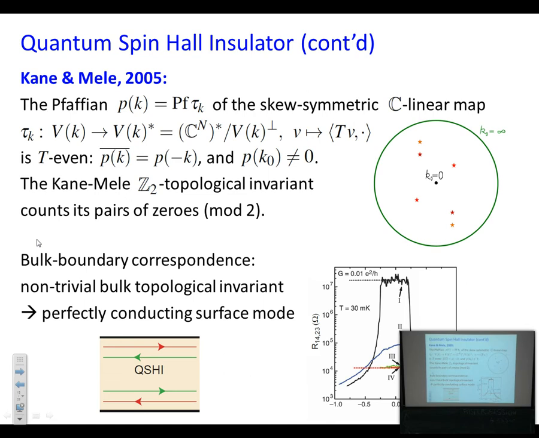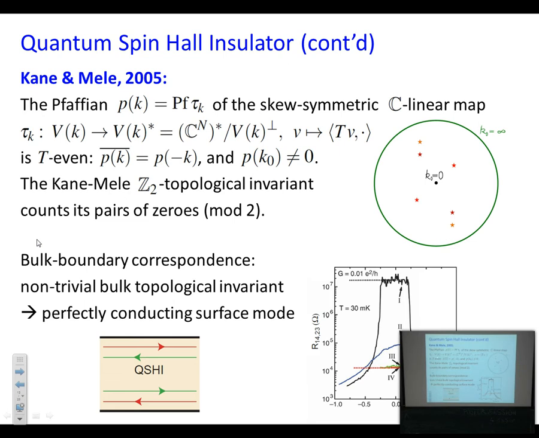This Pfaffian cannot vanish at a T-invariant momentum, because the symmetry condition, T applied on V of k giving again V of k, means that this map is symplectic at such momentum. So the Pfaffian is not 0. In the simplest case, we have two T-invariant momenta, namely 0 and infinity. It cannot vanish here or there.